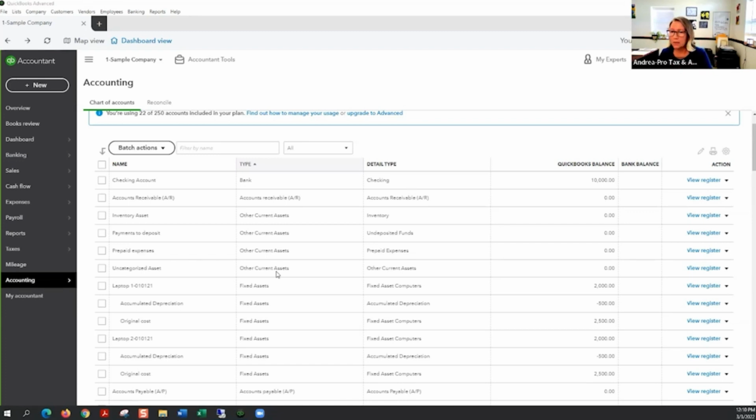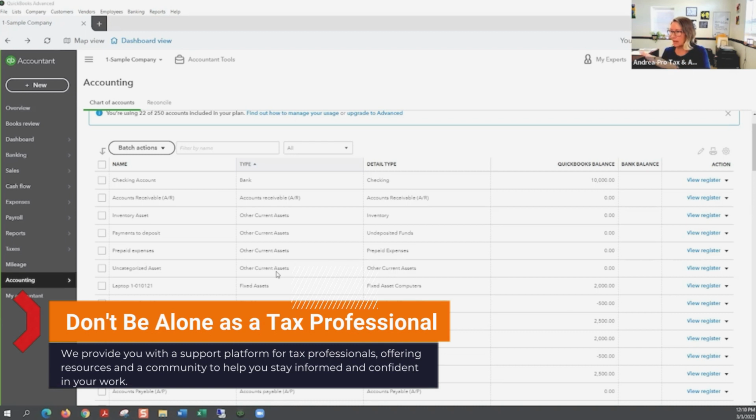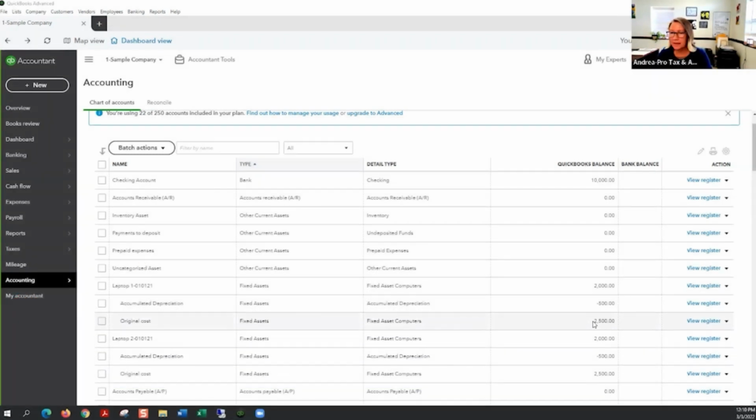At 12/31/21, they had $10,000 in the bank and their only assets were 2 laptops. I told you we're keeping this super simple. These laptops had an original cost of $2,500, purchased on January 1st of 2021. So they've had 1 year of depreciation recorded, $500. That's just what I recorded. Their S election was effective January 1st of 2022.